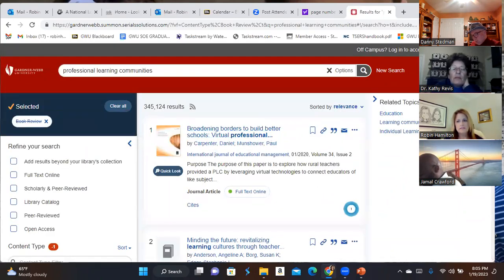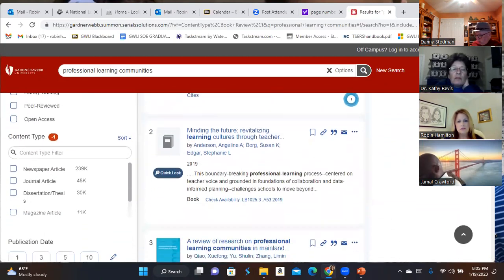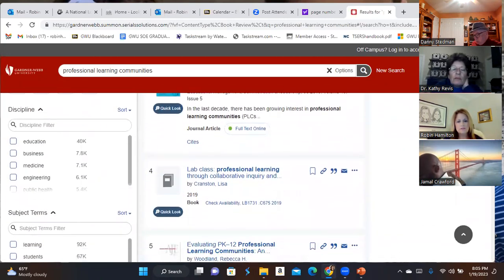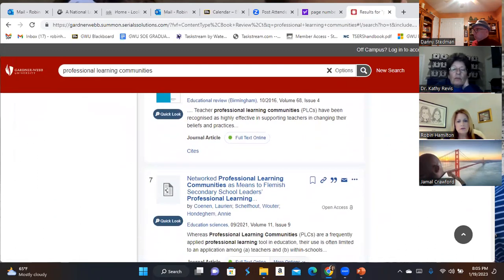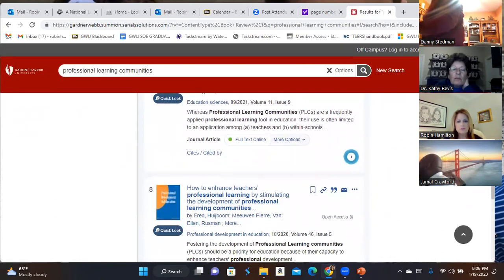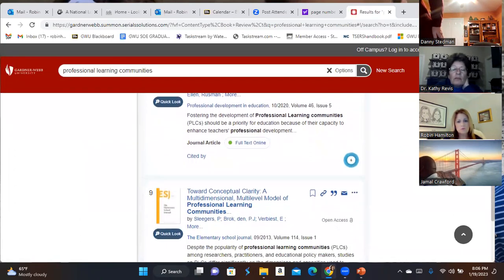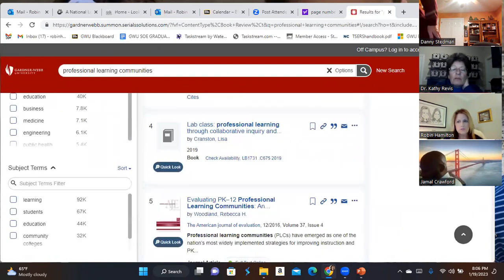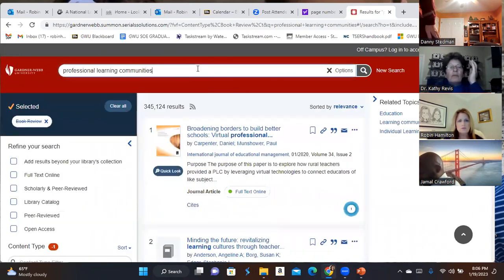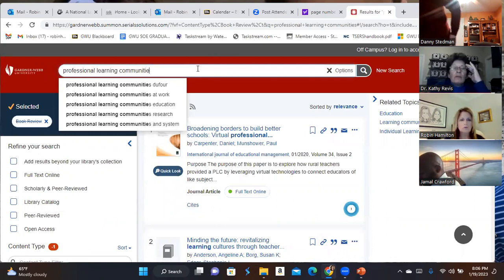So there are all kinds of things here that you can look at. So these are all research-based articles that you could use. Of course, you want to go through and determine which ones you think are the ones that you would want to use. If you Google like a journal article or something, you're going to want to use Google Scholar.